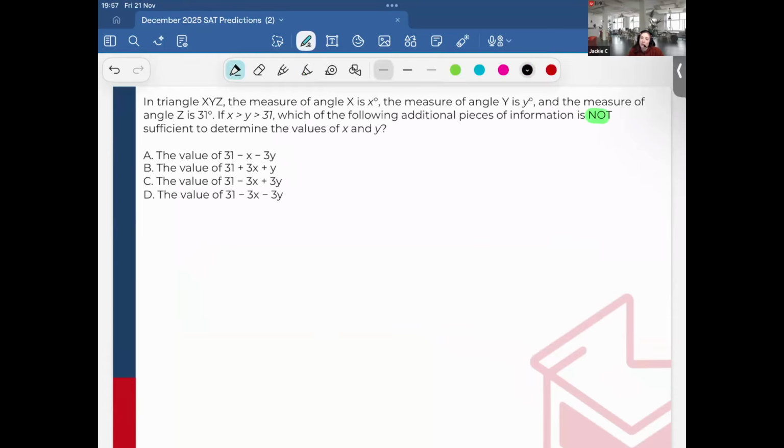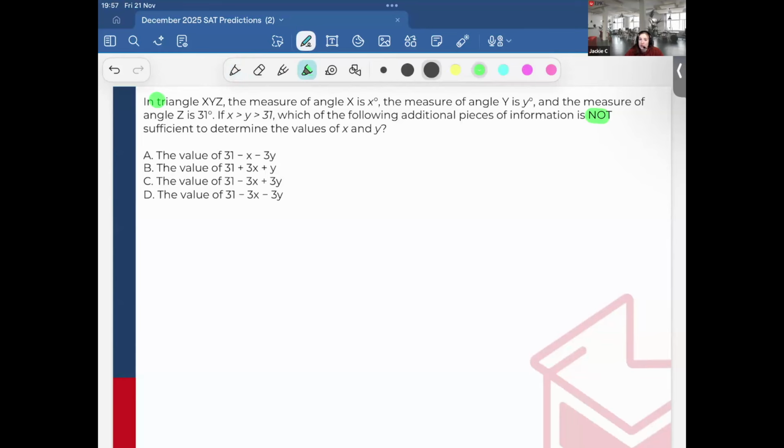Okay, so if we were to determine the values of x and y, knowing that it's a triangle consisting of 180 degrees, we can say that x plus y plus our angle Z, which is 31 degrees, is equal to 180. So in this case, I can see that x plus y is going to be equal to 149 degrees.